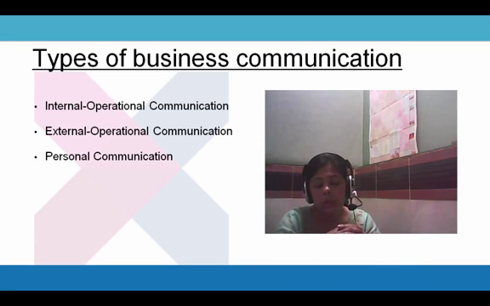And personal communication, let me tell you, is quite effective. Why is it effective? When you're working in an organization, in a business, and you have good communication and a good rapport with your team members and your immediate manager, this affects your productivity.